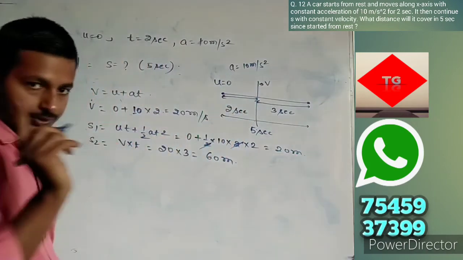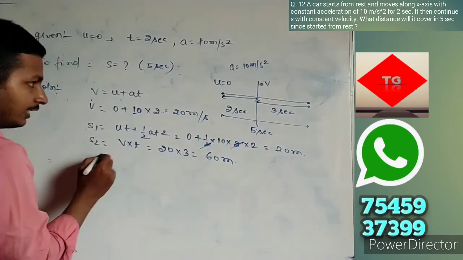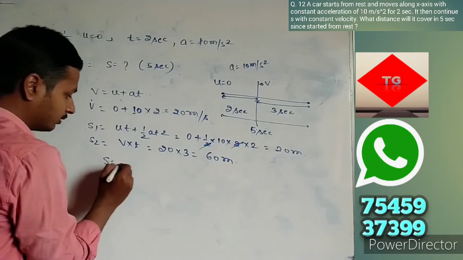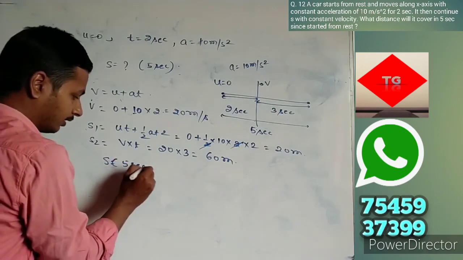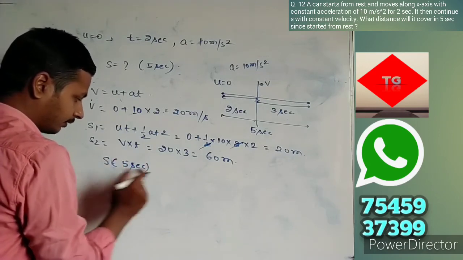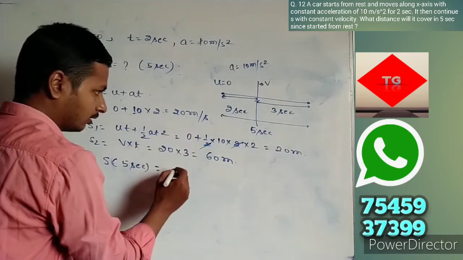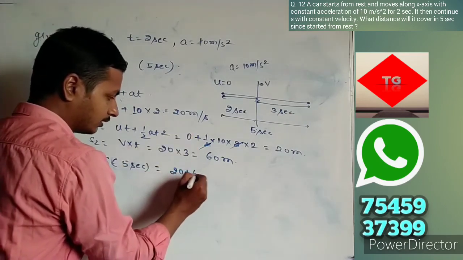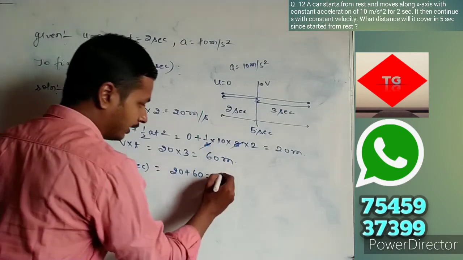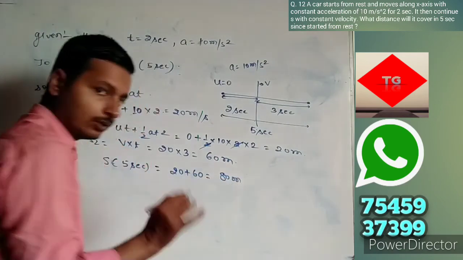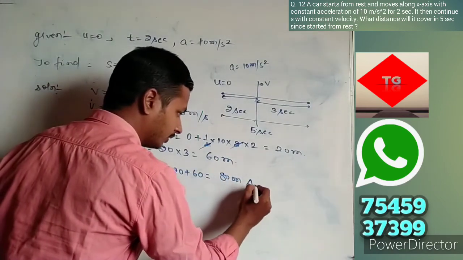After writing this you will get the distance for 5 seconds. Then 20 plus 60 will be 80 meter. This is the complete answer.